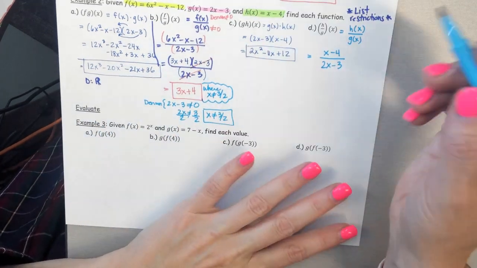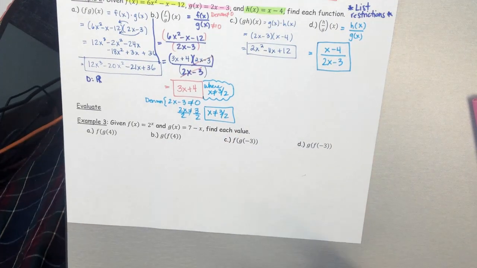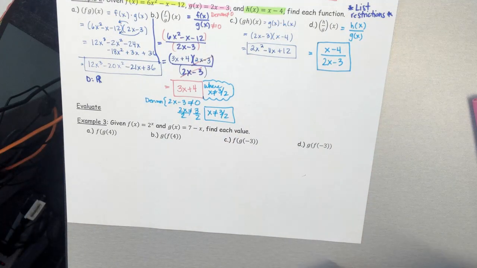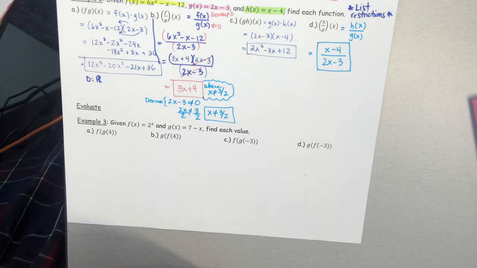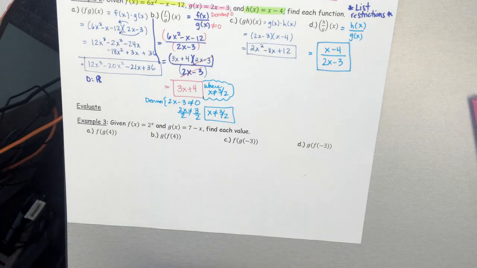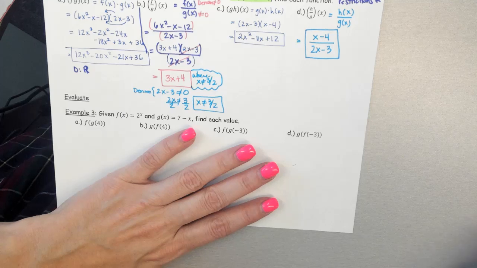So if you cannot reduce this, you are just going to leave it as x minus 4 over 2x minus 3. So you aren't doing any sort of long division there.